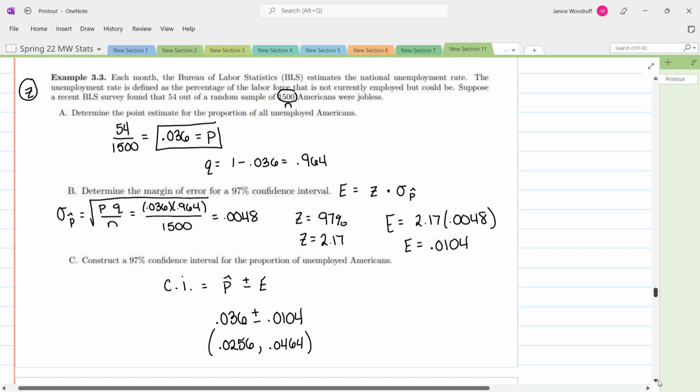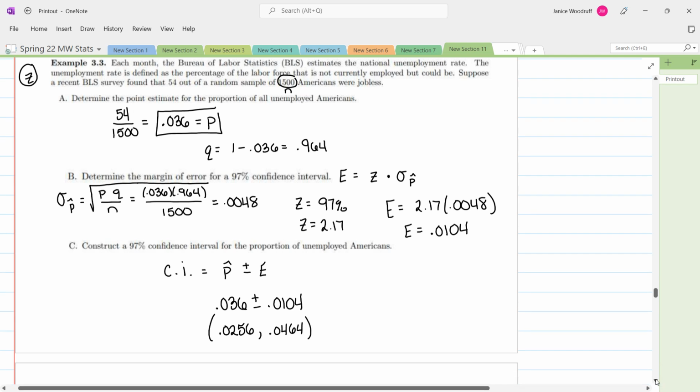Okay, so then here we would say I am 97% confident that the true population proportion of Americans that are unemployed is between 2.56 and 4.64% based on this sample data. So I am 97% confident that, and you don't have to write this, the true population proportion of unemployed Americans, is that a word?